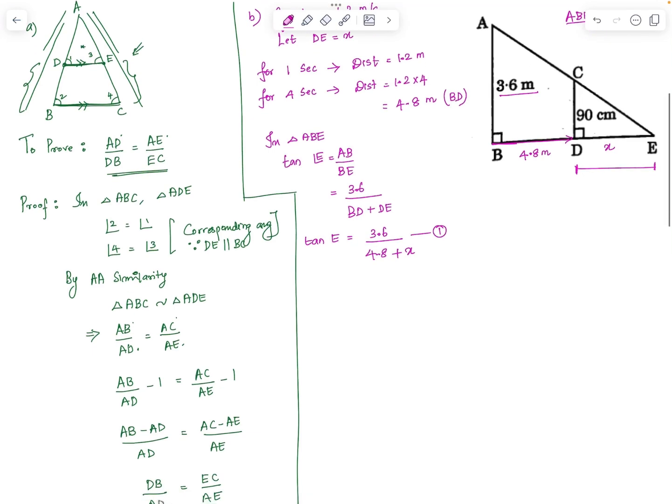Now moving to the triangle CDE, again tan E is equal to CD upon DE. CD is 90 centimeter, which is 0.9 meters. DE is x. Let this be equation 2. Equation 1 and equation 2's left hand sides are equal.